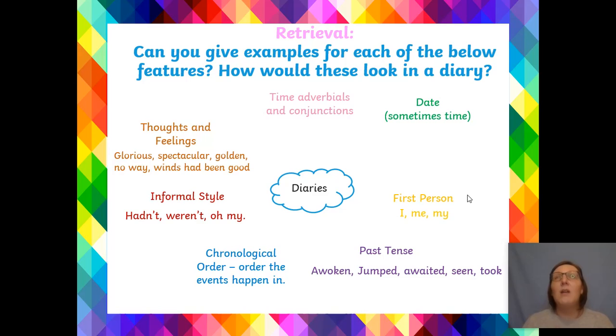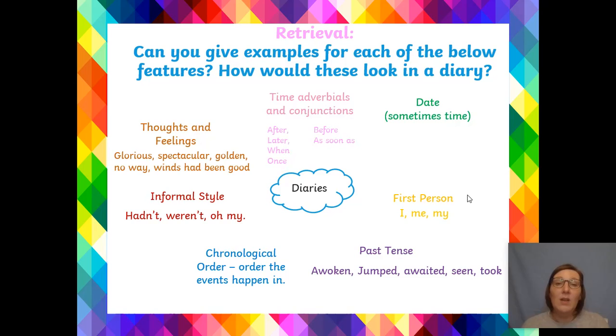So things like, oh, it was glorious, spectacular, I felt amazing. Oh, I was very forlorn. I was quite upset. Okay, so it's thinking about how you can get your thoughts and feelings into the text. What are you going to use? What words will you use to get that into the text?